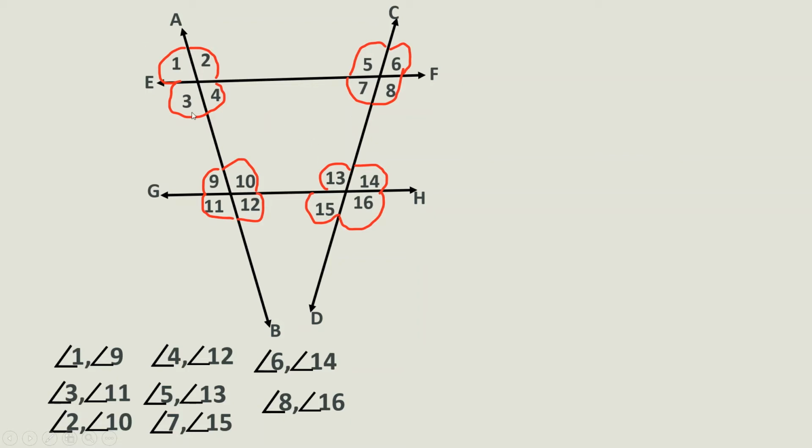Now all of these corresponding angles are equal because these transversal lines are crossing through parallel lines.